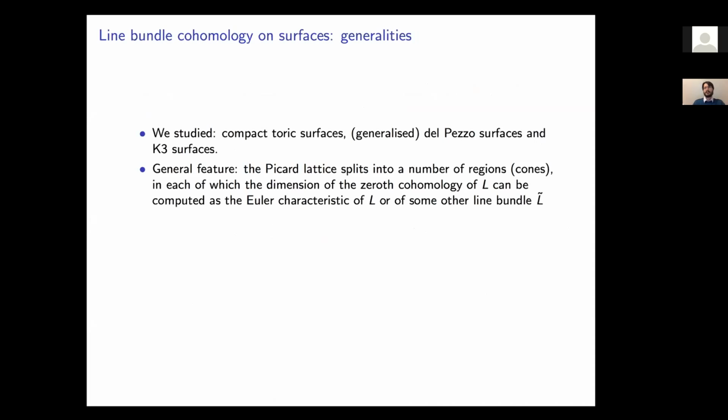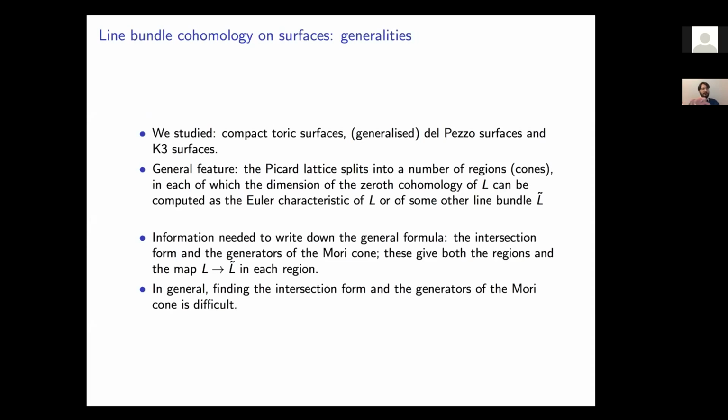The general feature is that the Picard lattice splits into a number of regions, which are cones, and in each of these, the dimension of the zeroth cohomology group of L can be computed as the Euler characteristic either of L or of some other line bundle which is related to L, which can be obtained from L. So you have the Picard lattice, you have different regions, different cones, and in each of these, you have the zeroth cohomology given by some Euler characteristic.